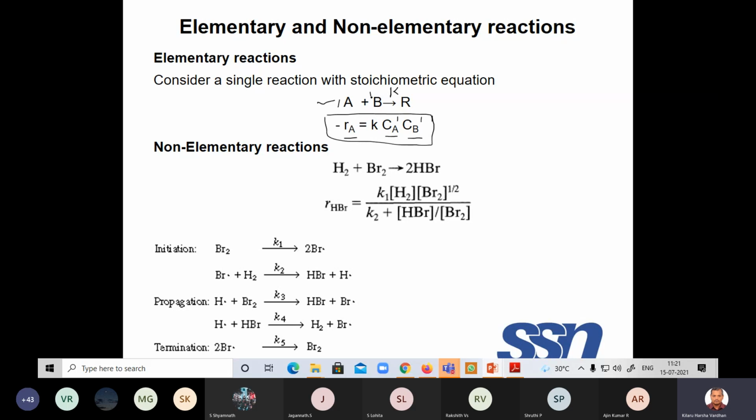If the stoichiometric coefficients are appearing in the rate expression as the powers, then this kind of reaction is called an elementary reaction. Here, whatever stoichiometric coefficient is there should reflect in the powers.